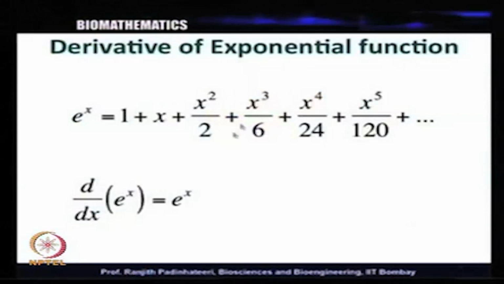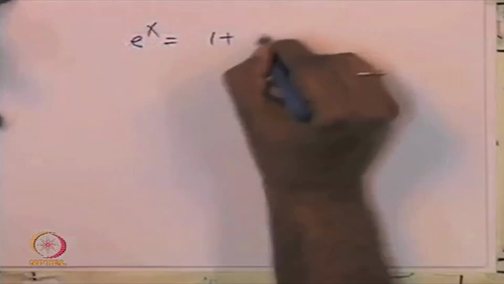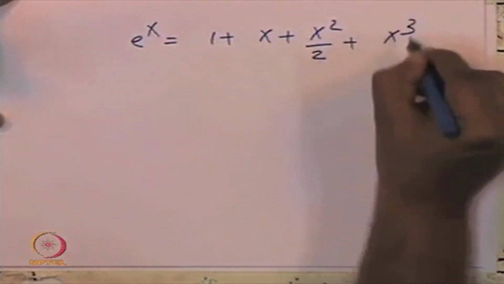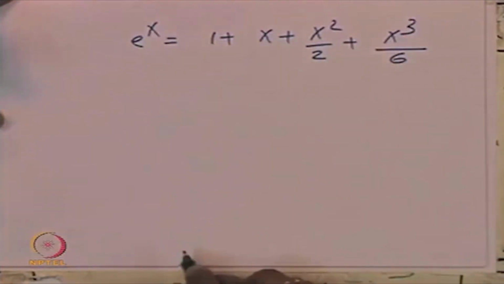So, let us think about it. Let us quickly redo this. We said e power x is 1 plus x square by 2 plus x cube by 6.